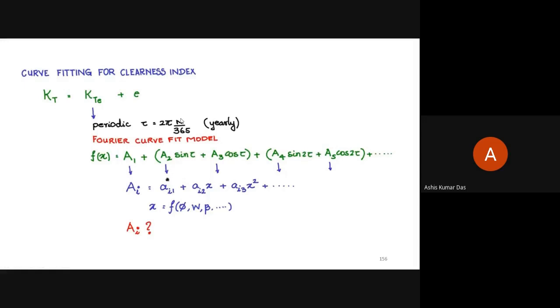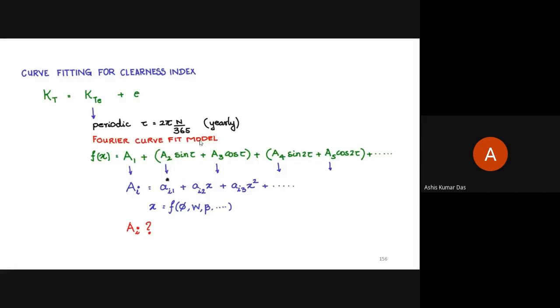This is called the angle of the Fourier series. The fundamental angle can be represented as a fraction. This gives a yearly period, and we are okay with using this Fourier curve fit model.